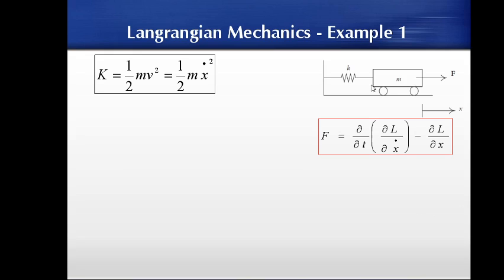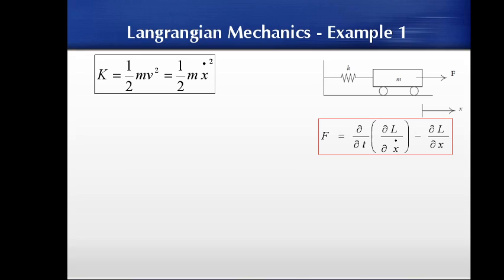Okay, so from this system we have the kinetic energy acting on the system, defined as half mv square. Since there is no rotation, we only have the linear kinetic energy term, which is K equal to half mv square, which is equal to half m ẋ square, since we know that velocity can be expressed as the derivative of the position with respect to time.